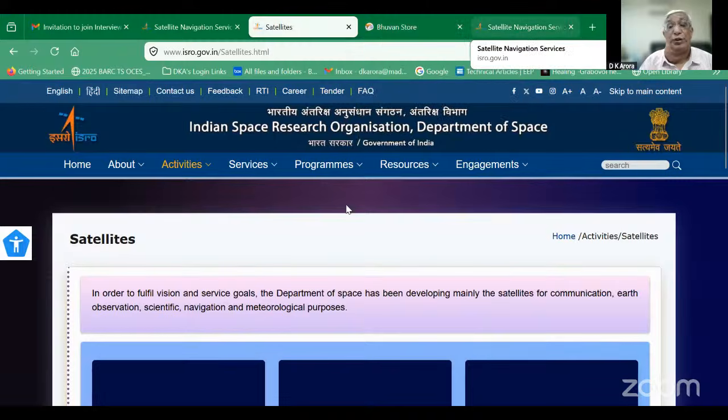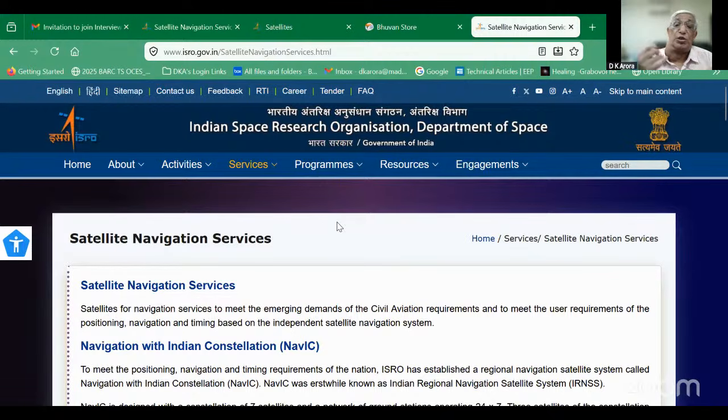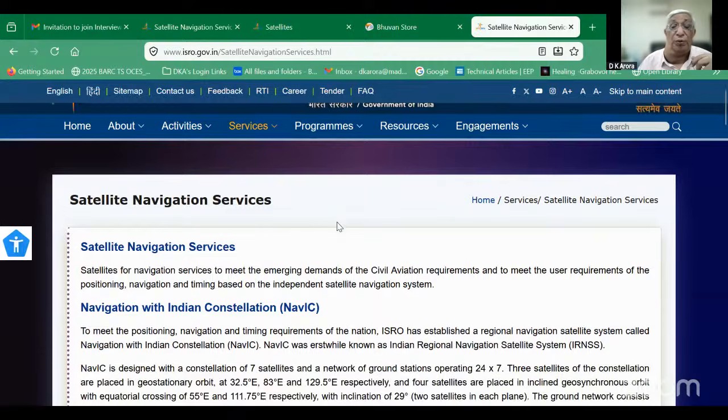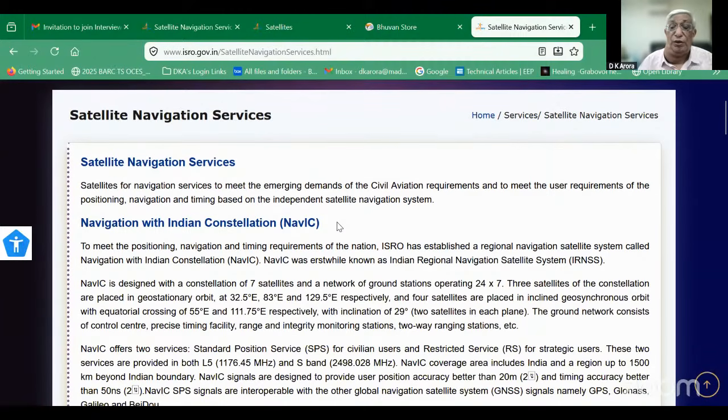Then we have a very important initiative of ISRO, navigation with Indian constellation, nicknamed NavIC. It's a set of 7 satellites which have been launched with purpose. 3 of these satellites are placed in the geostationary orbit. The longitude and latitude have been mentioned.